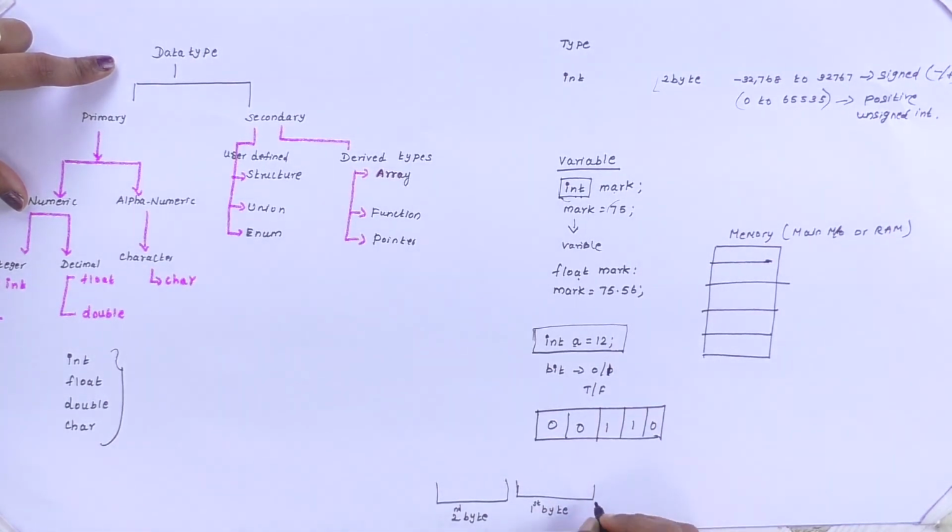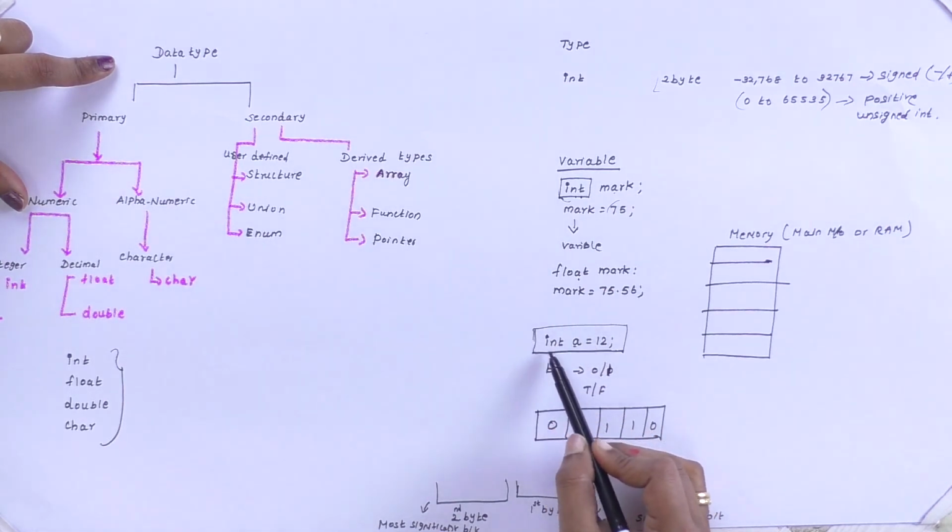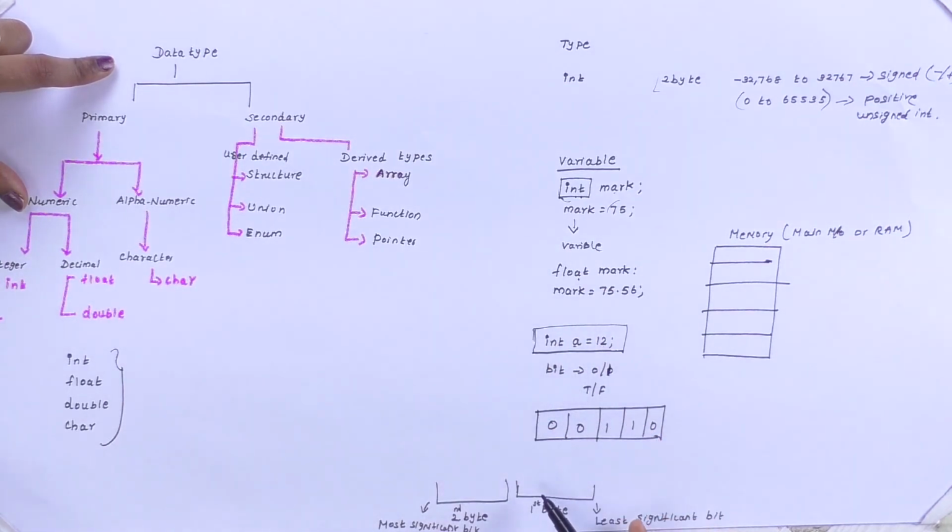So this is called the least significant bit and this is called the most significant bit. Now I am going to explain how this value is stored in our memory.